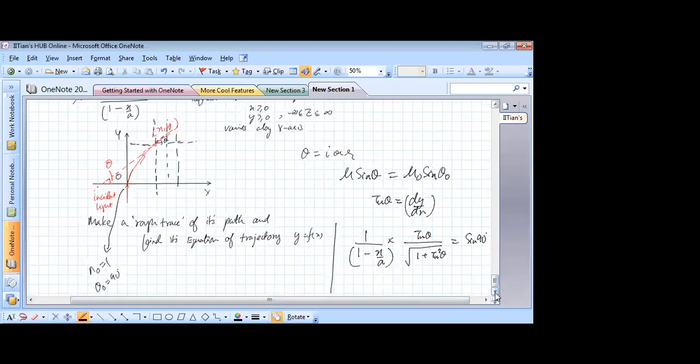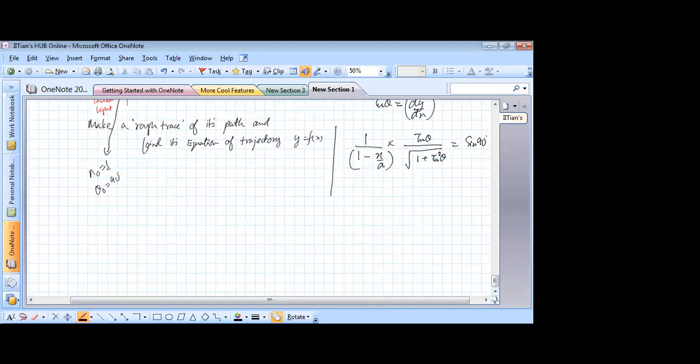Okay. Or rather, this is mu naught actually. Okay, so solving this equation now will give us this.